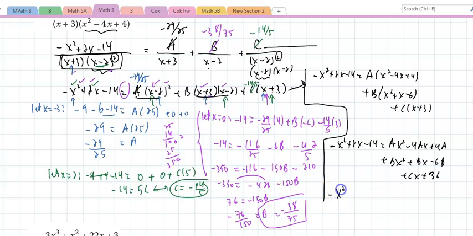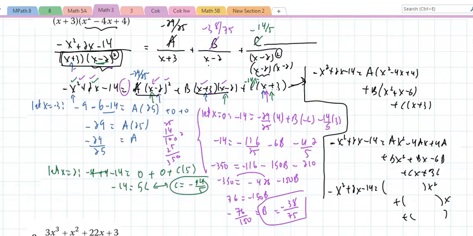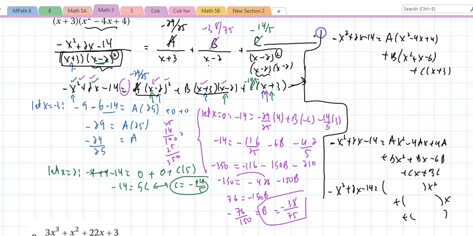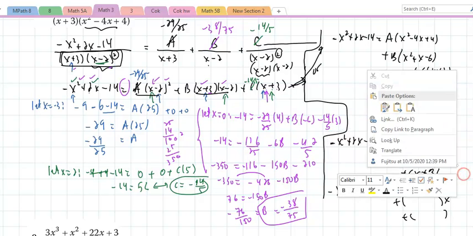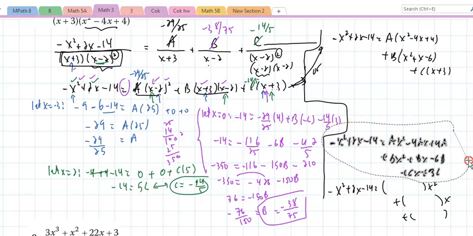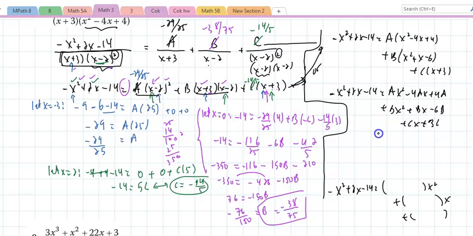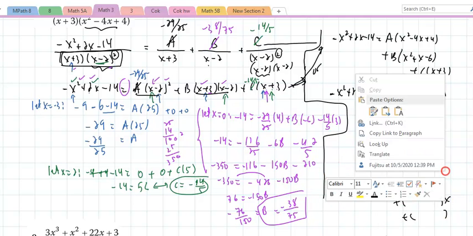And then they say, look, let's get the squares, let's get the x's, and let's get the none. The ones that don't have any of those. So here, let me push this up.